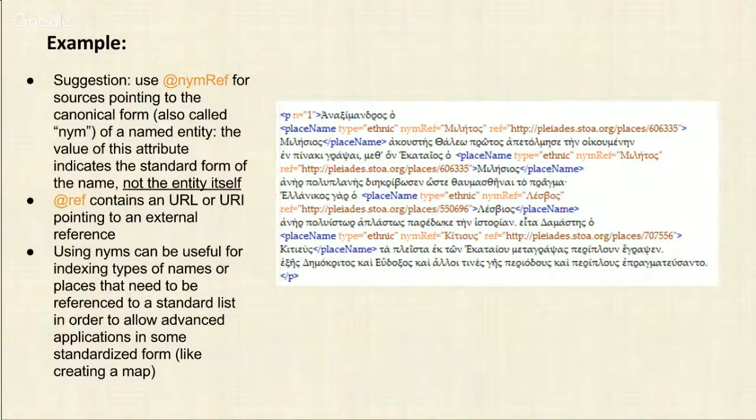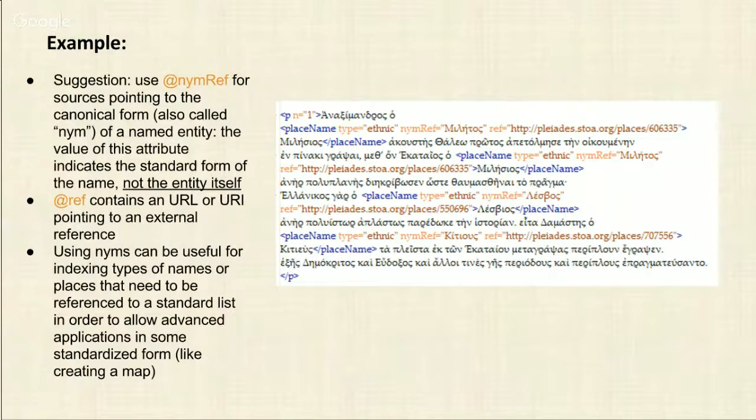And one thing that I would advise you to do is to use the reference to the nym of the name. So the nym is the canonical form of the named entity. It doesn't indicate the entity itself or the place itself. It just indicates the standard form of the name, which is particularly useful if you envisage using this document for other purposes.